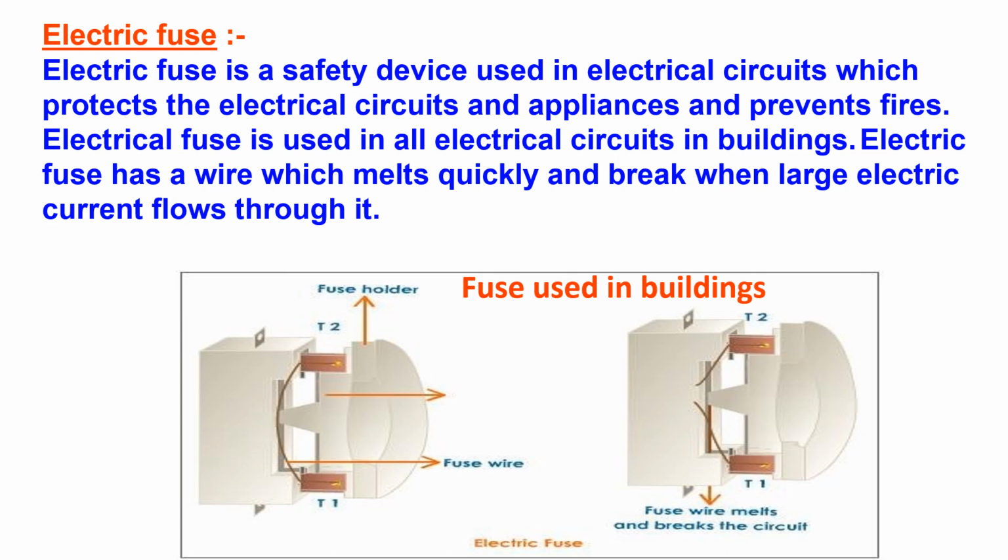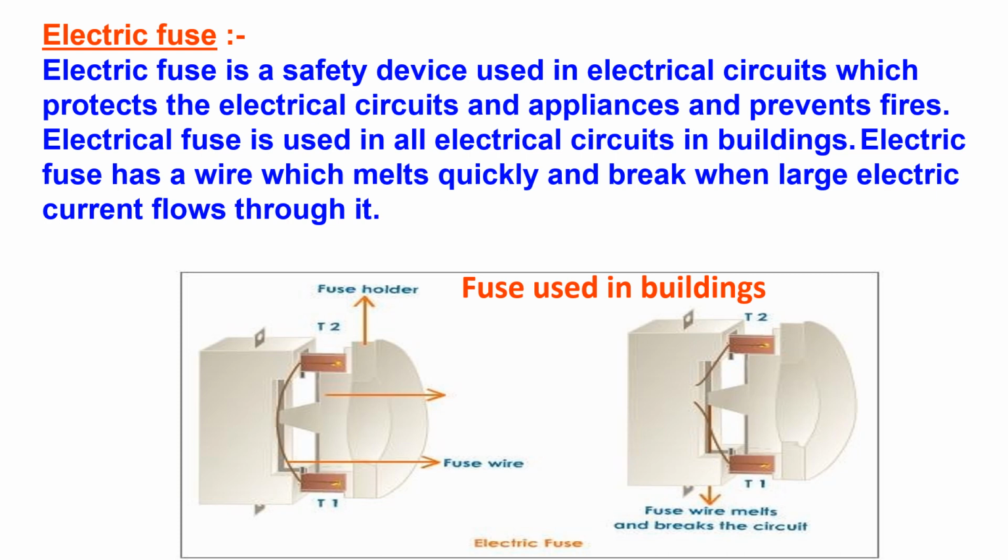Electric fuse. It plays a very important role in our houses and in any organization. An electric fuse is a safety device used in electrical circuits, which protects the circuits and appliances and prevents fires.